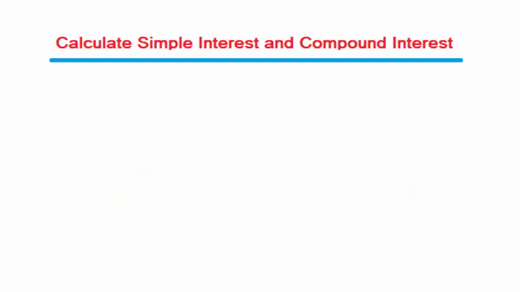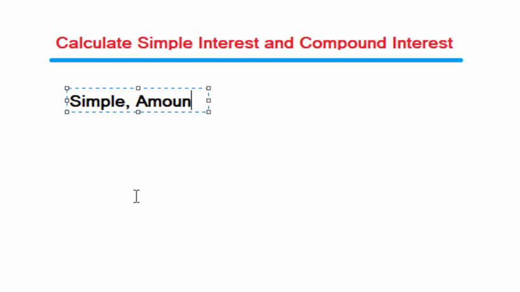Now let us start with our simple interest here. In simple interest, we are going to use this formula. A represents the total amount.